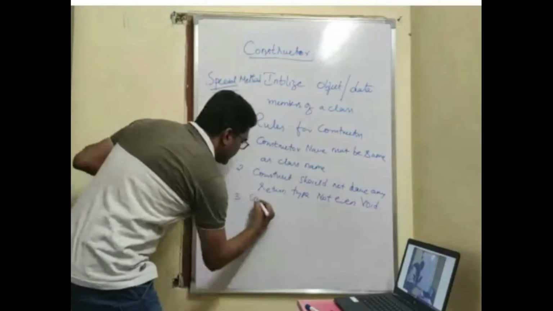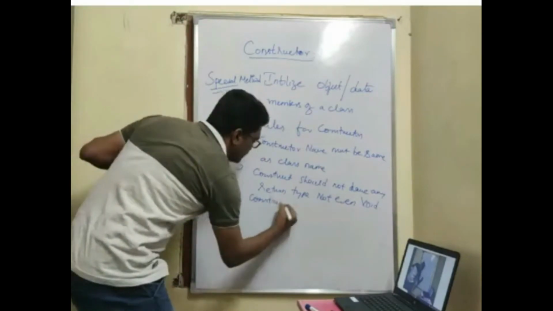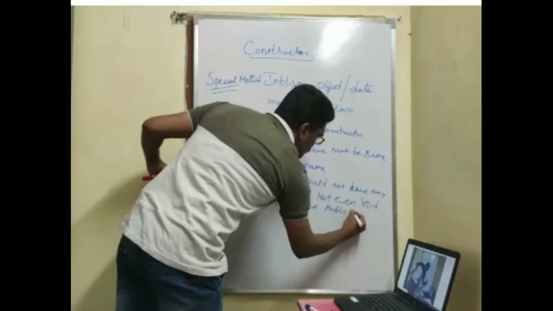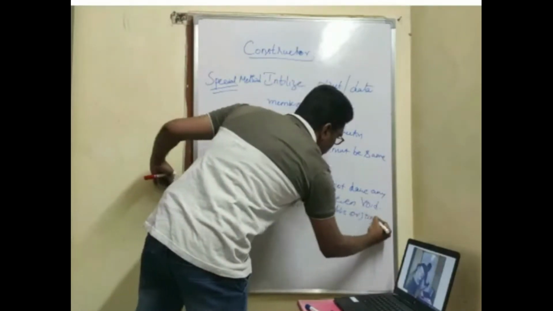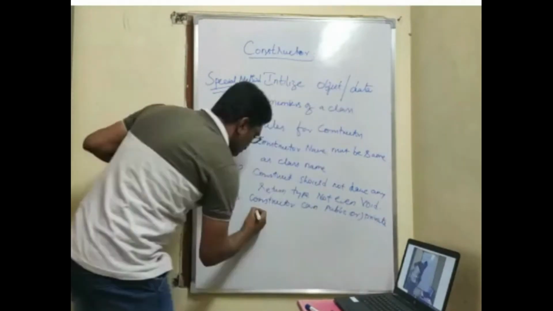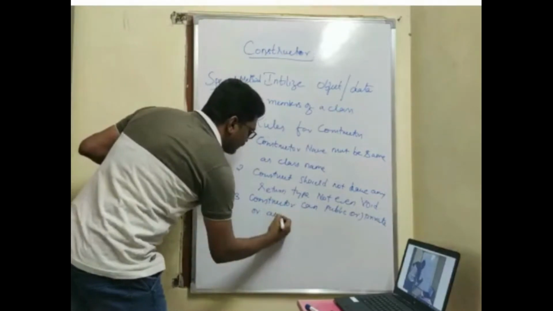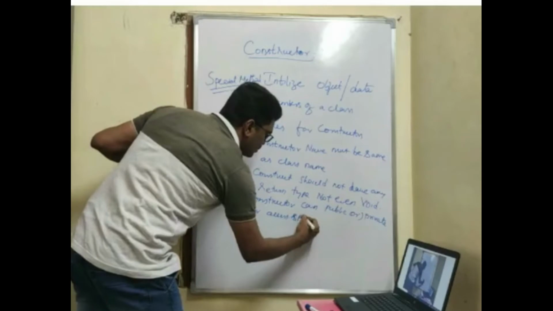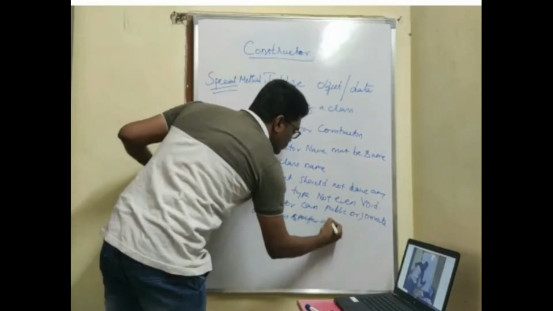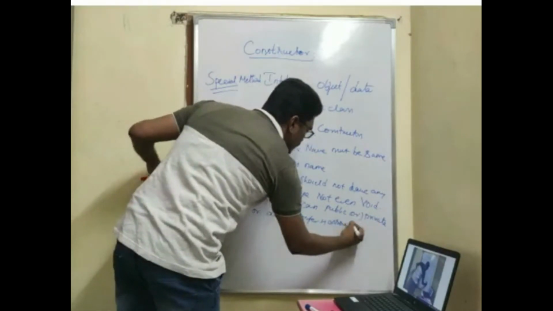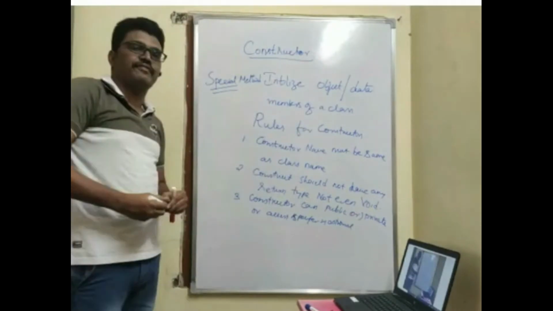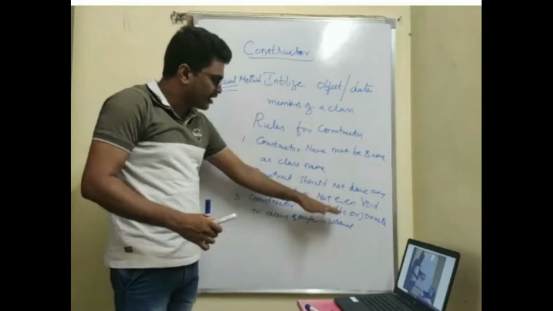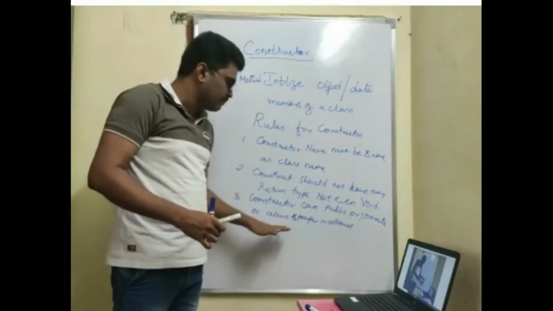The third rule is a constructor can be public or private, or the access specifier need not be specified. Access specifier is optional. So a constructor can be public or private.